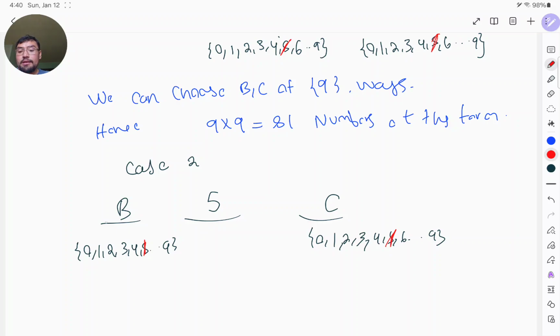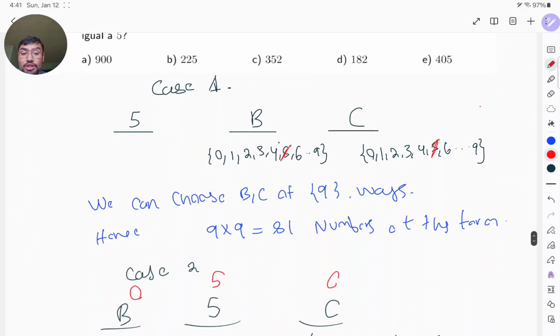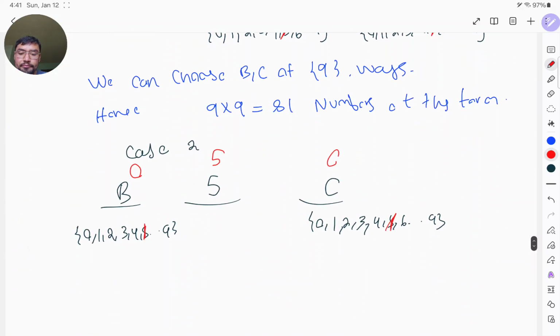Then we get numbers of the form 0, 5, and another digit, and this is an invalid number because we are counting numbers of exactly 3 digits. So b cannot be 0.